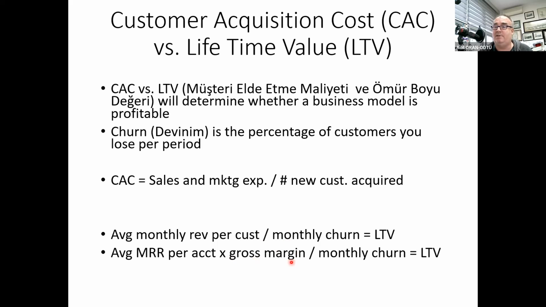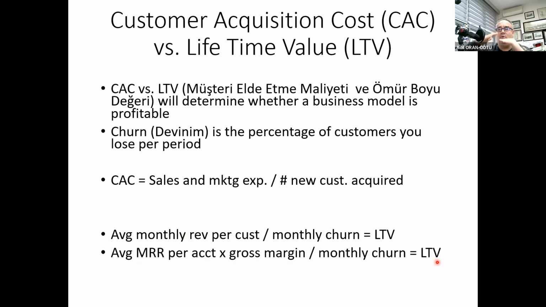The gross margin is how much profit am I making from this sale? So you're taking out the cost of providing that good. So this is the monthly gross profit that you're making from one customer. And again, dividing that by the monthly churn rate gives you the lifetime value of the customer.